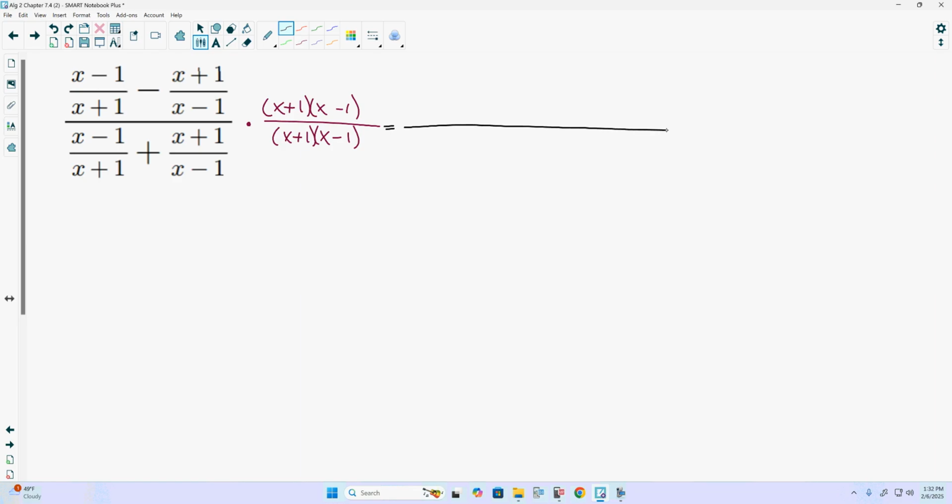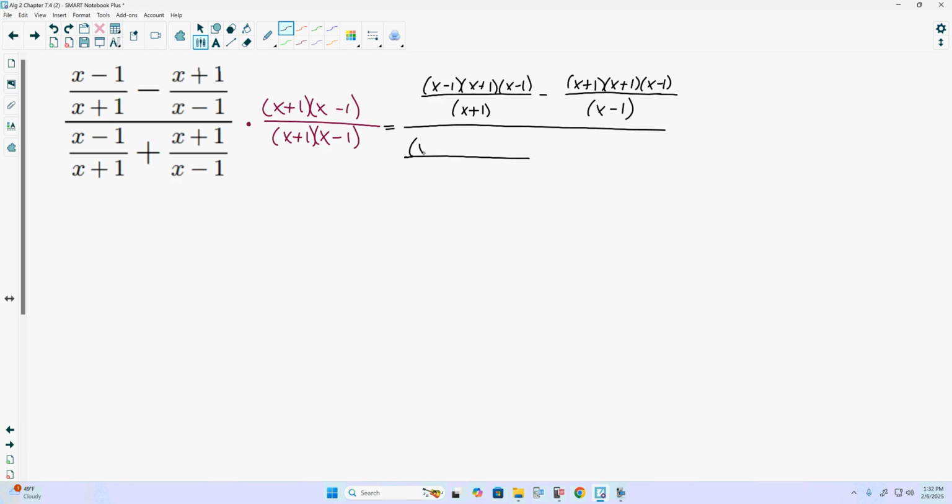And what that would give us on top here is x minus 1 times x plus 1 times x minus 1 over x plus 1 minus x plus 1 times x plus 1 times x minus 1 over x minus 1.